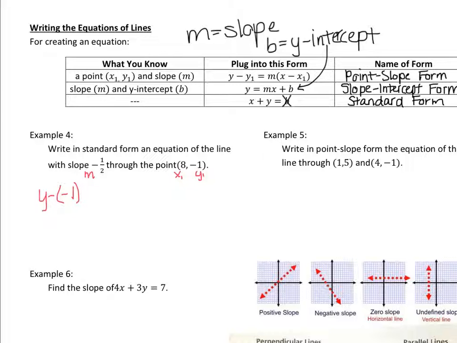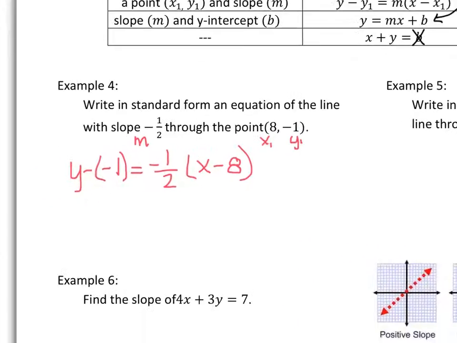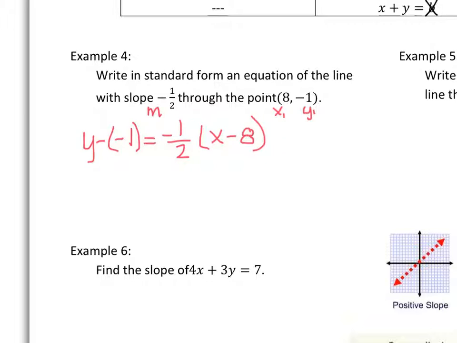-1. So we put that in parentheses so we can deal with that double negative. Equals m is -1/2 times x minus 8 for x1. From here, we will simplify and then end up with our standard form.